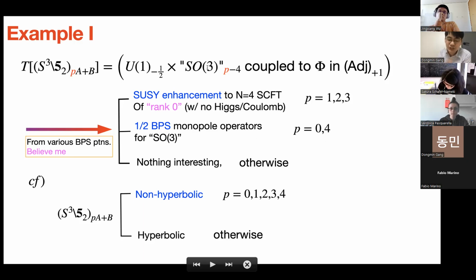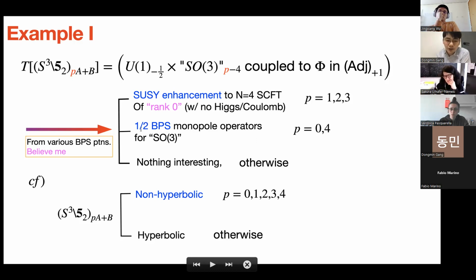But in this procedure, this monopole operator usually becomes a quarter-BPS operator. But in the P equals 0 and 4 cases, the gauge-invariant monopole operator actually becomes a half-BPS monopole operator.